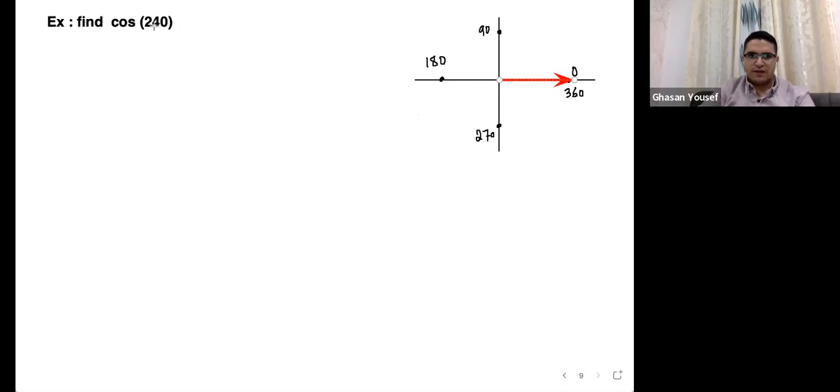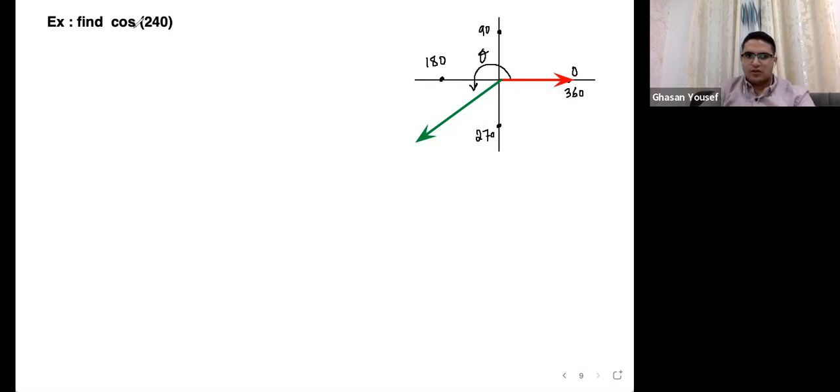Now, my terminal side is 240. The angle 240 is between 180 and 270. This means the angle must be here, like this. So this is my angle, theta.